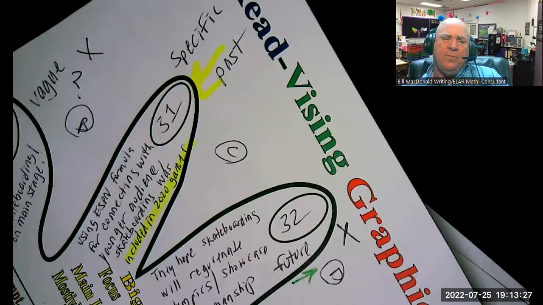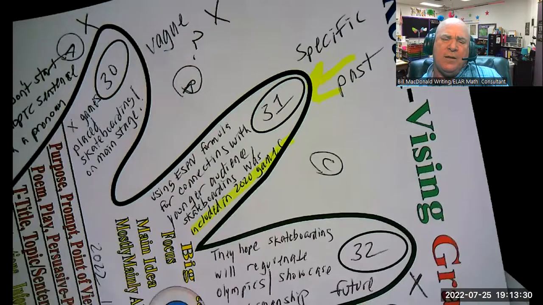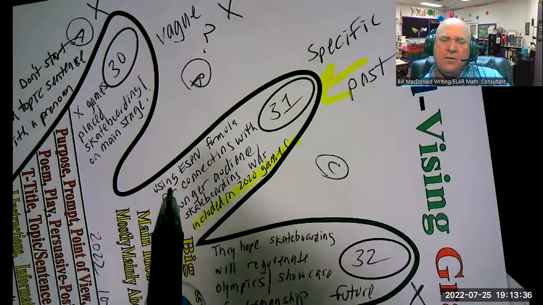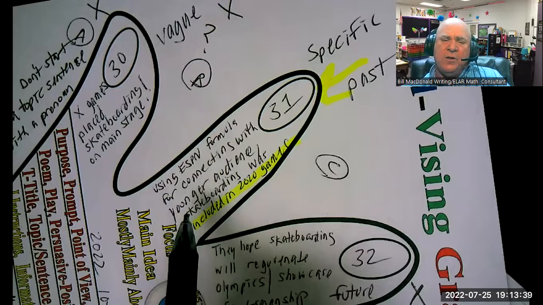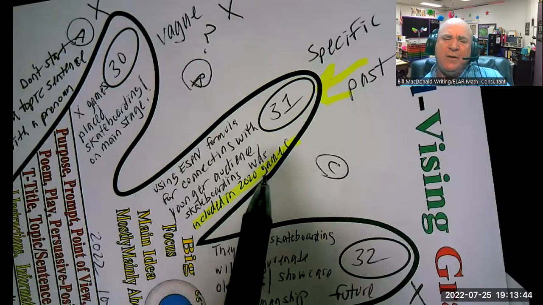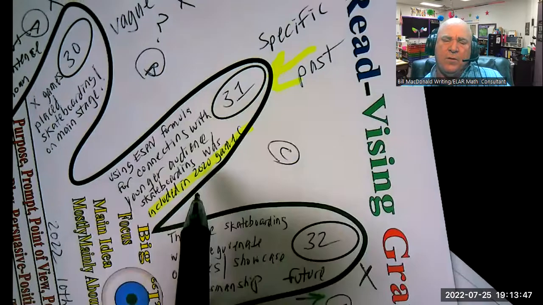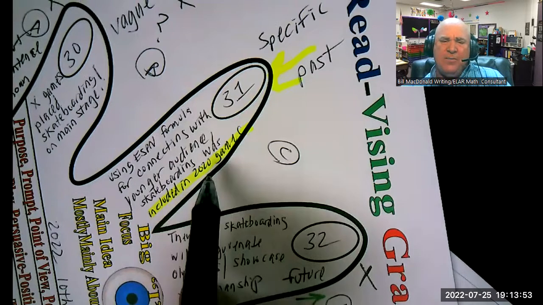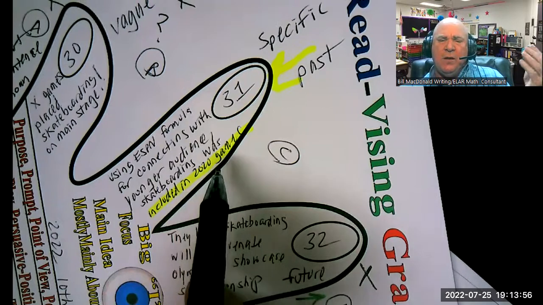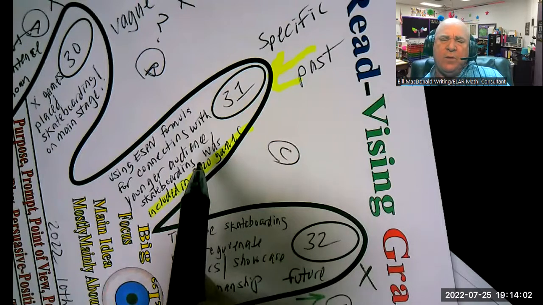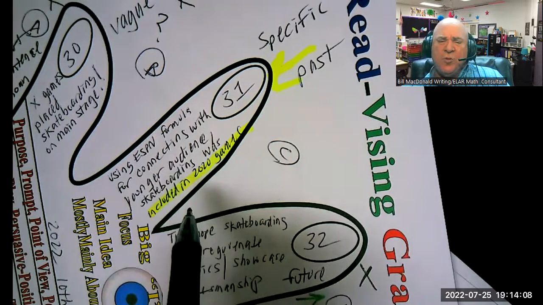So if we look at sentence 31, using the ESPN formula for connecting with younger audiences, skateboarding was included in the 2020 games. Now, it was included, that's past tense. If you're included in the 2020 games of the Olympics, that is going to be a cause, a reason why the skateboarders would get so much coverage, so much attention, so much viewing.